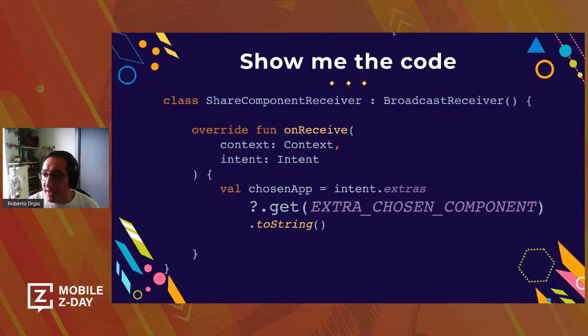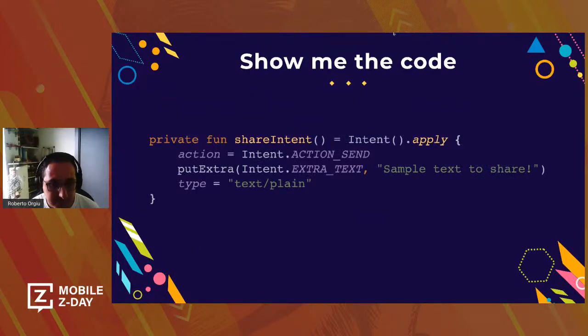We need to create an intent that will be the one wiring up the receiver. But that's a normal use case. So here we want to share some text, as we already mentioned a few minutes ago. This is the intent that we will create.